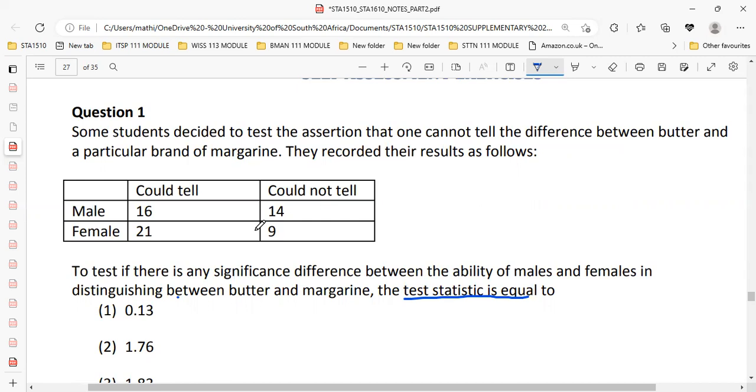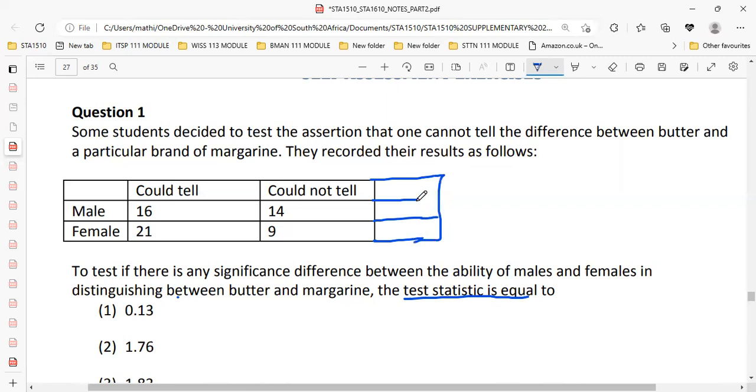When you are given a contingency table and you are not given the totals, firstly you know that you have to find the totals. So even with this one, we're going to add a column here for the totals.